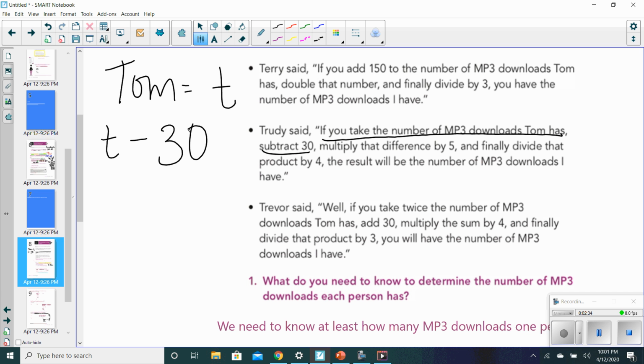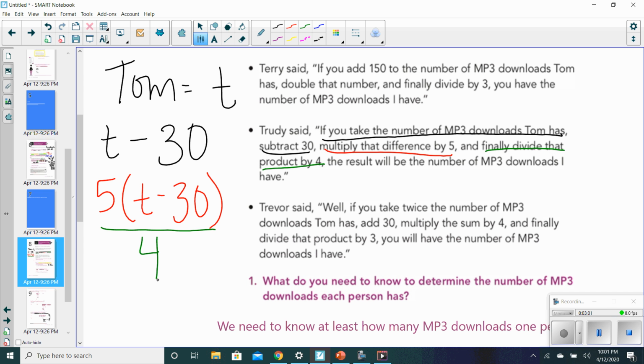And then we need to multiply that difference. So remember, when it says difference, we're talking about subtracting. So we need to multiply the difference of T minus 30 by 5. And then it says, finally, once you've subtracted 30 and multiplied by 5, you need to divide that product by 4. And that will be the result of the number of MP3 downloads that I have.